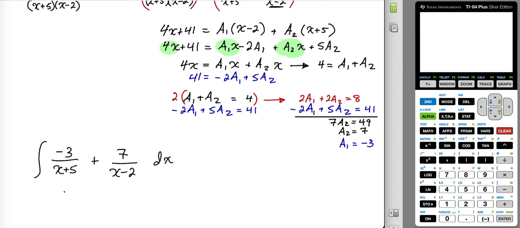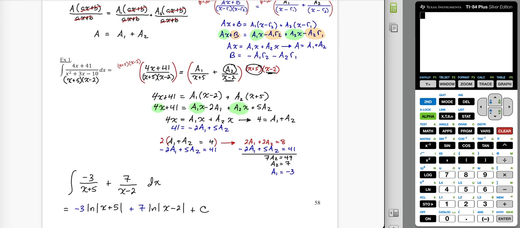So ln of x plus 5, well, if I differentiated that, that would be 1 over x plus 5. So let me just slap on a negative 3, and we'll have equivalence. ln of x minus 2, if I differentiated that, would be 1 over x minus 2. So let me slap on a positive 7 for equivalence, put a plus c at the end, and you have it. All right, so this is all about just taking something that's complicated and making it more manageable.